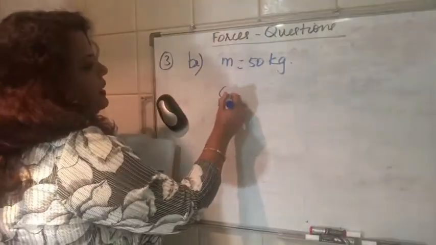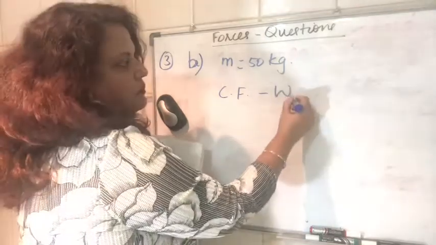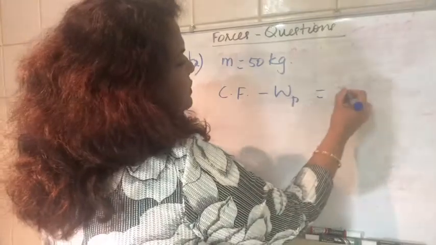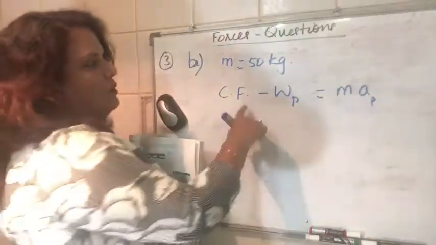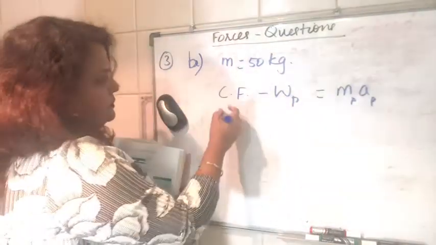What are the forces? The weight of that person and the contact force on her are the two forces. Since it is accelerating up, the contact force again will be greater. So the contact force minus weight of the person. Here the weight of the person, not the lift. Weight of the person will be equal to mass into acceleration of the person. So all these are related to the person itself, right?